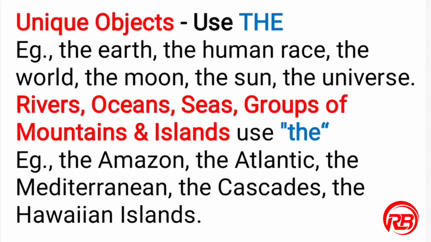And rivers, oceans, seas, groups of mountains and islands. We can use the before these words. Example: the Amazon. We all know the Amazon is a well-known forest, so we use the before it.